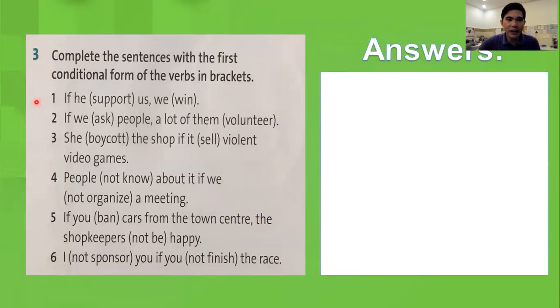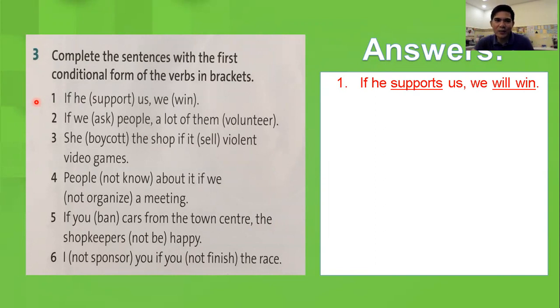Number 1, if he, the verb is support us, we, and the verb is win. The answer is, if he supports us, we will win. Easy. If condition, situation first, and we use the present simple, and then we use will win as the result.